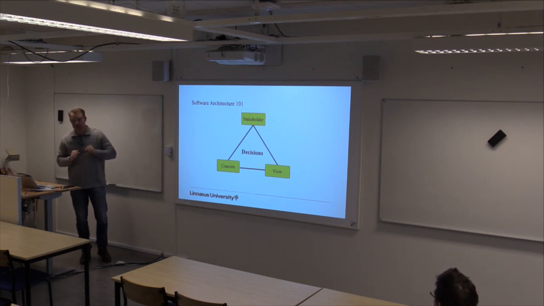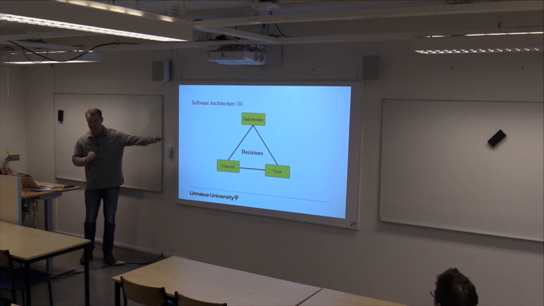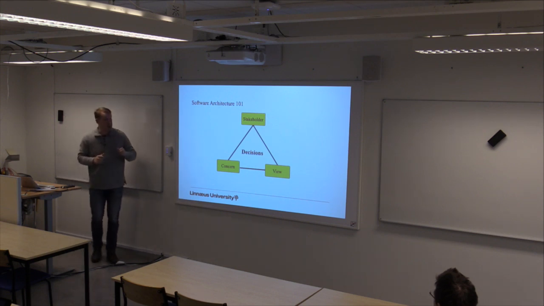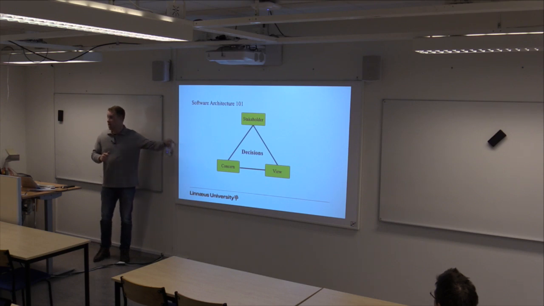So the architecture decisions are the decisions that affect a large part or the entire system. So software architecture is about supporting the decision making and documenting the decisions for various stakeholders.